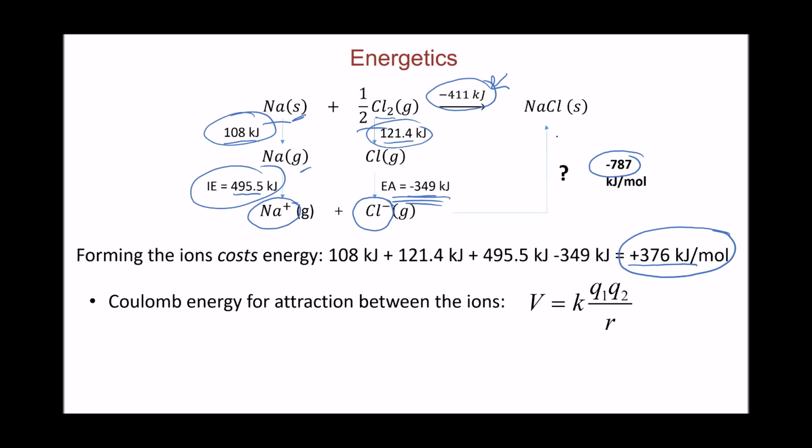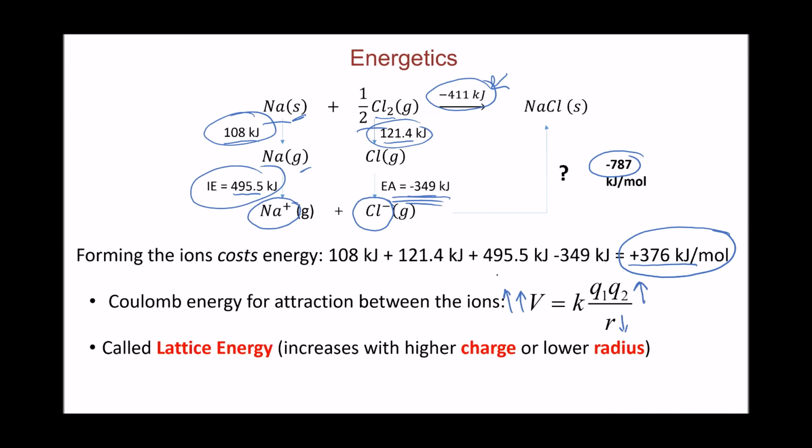The attraction causes the system to have lower energy, and that decrease in energy for the attraction force is going to be directly proportional to the charge of the ions. So the larger the charge on the ions, the more the attraction is, and it's going to be inversely proportional to the size of the ions. So the smaller the ions involved, the larger the attraction will be. That attraction energy is called the lattice energy for the ionic compound.